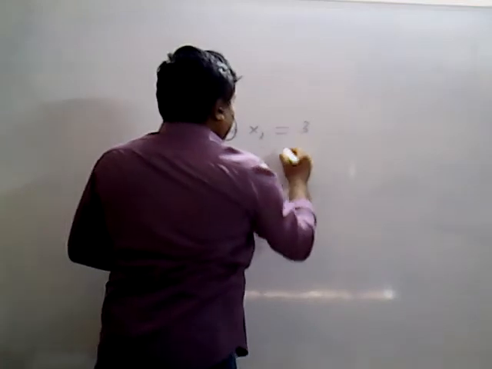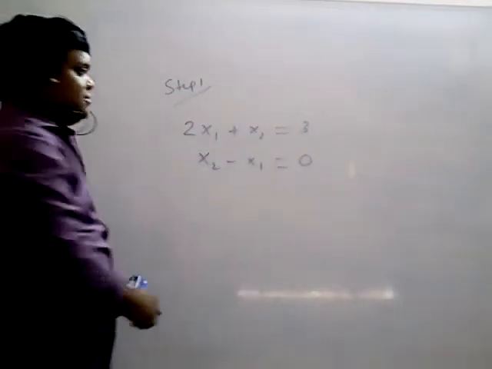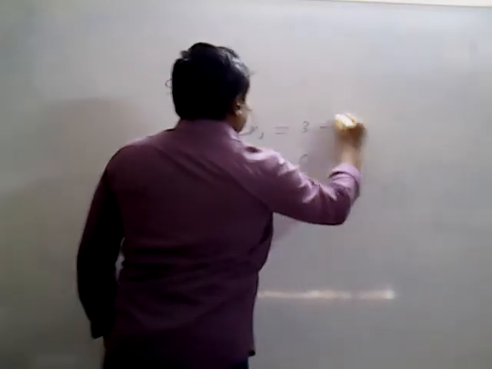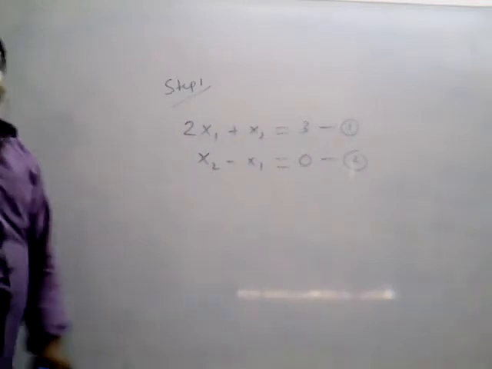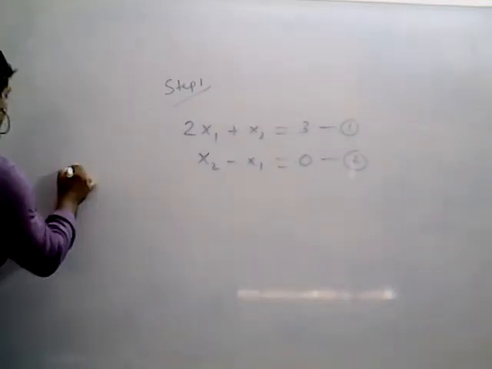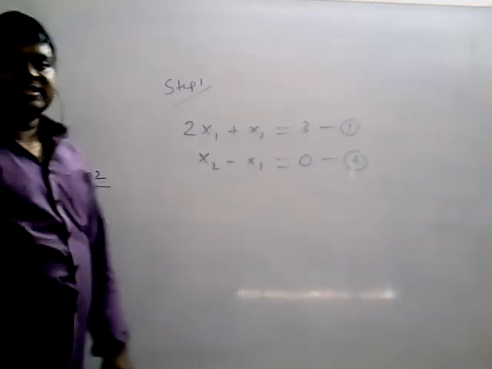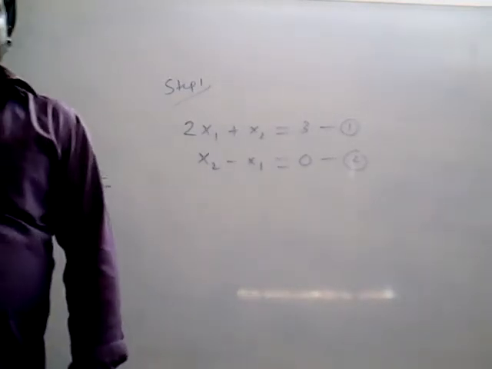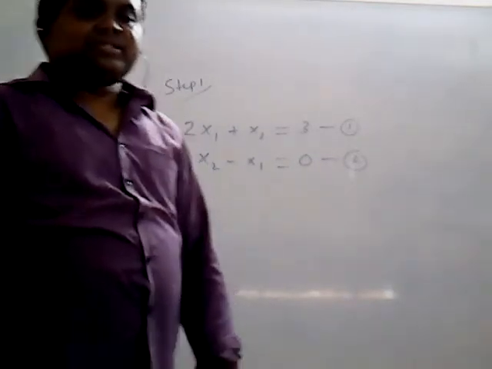Then we get 2x1 plus x2 equal to 3, equation number 1, and x2 minus x1 equal to 0, equation number 2. Next, step number 2: plot each equation on the graph, as each one geometrically represents a straight line.